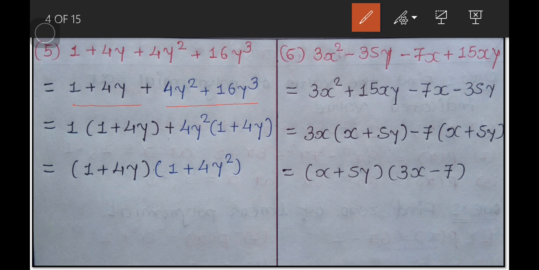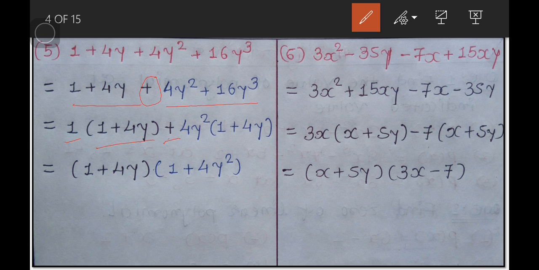Here we extract the common factor from both groups. In the first group, 1 plus 4y, we cannot find any common factor, so we put 1 as the common factor and the remaining part is 1 plus 4y. Now the second group: the first sign is plus, so we keep the plus sign as given above.